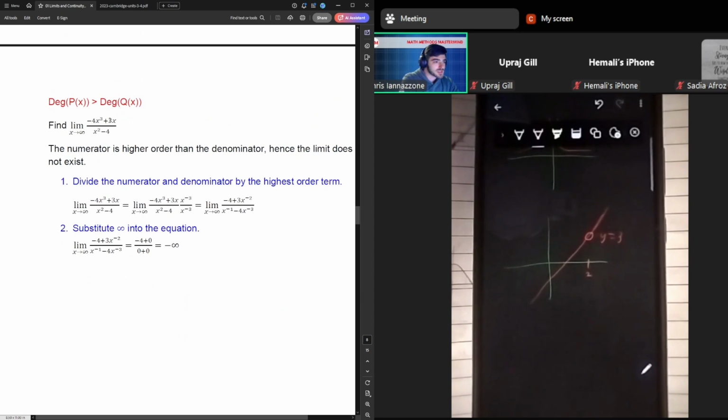And lastly, what happens if degree of a numerator is greater than the degree of the denominator? Well, these are always going to approach an infinity. And when it approaches infinity, we say the limit does not exist. Again, x cubed is the biggest. Since there's going to be 2 zeros on your denominator, dividing by 0 is going to cause it to go undefined.